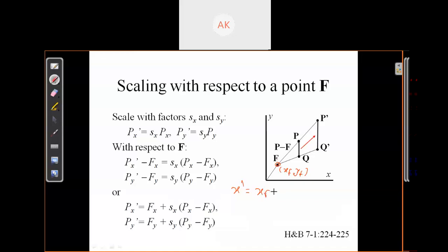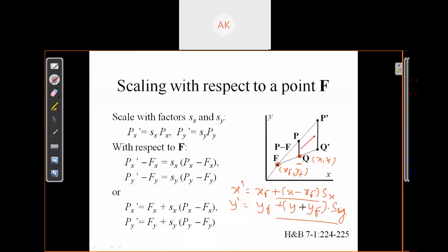So you will write x dash equals xf plus, for the original coordinates, suppose xy, x minus xf into your scaling parameter sx. In the same way, y dash equals yf plus y minus yf into sy.